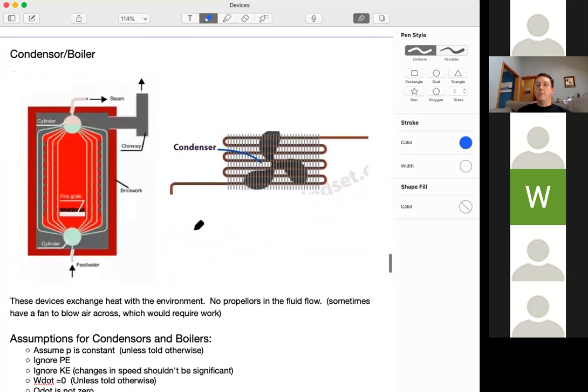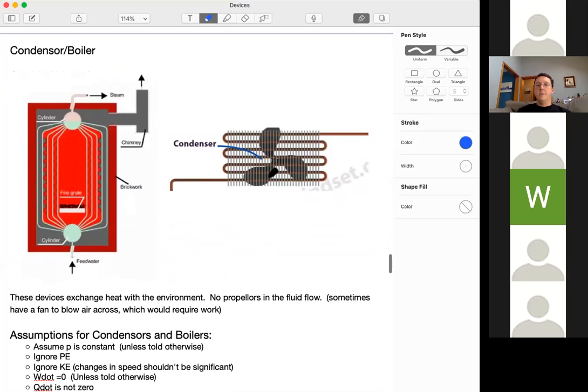Condensers and boilers. I guess I got my images backwards. So a condenser, it's like what we saw with the refrigeration unit, right? You arrange for the fluid to zigzag through, and you let it come into contact with something that's going to be colder, typically, to extract heat out.